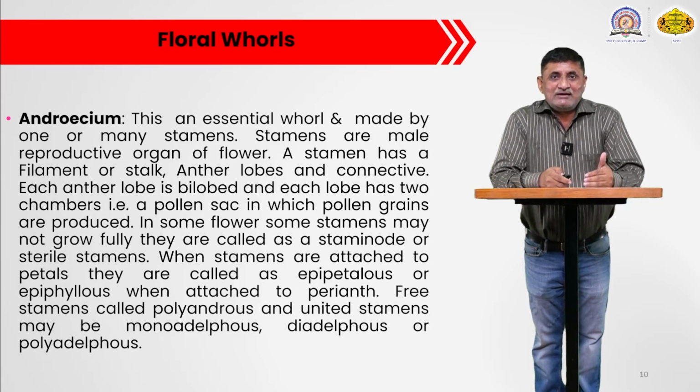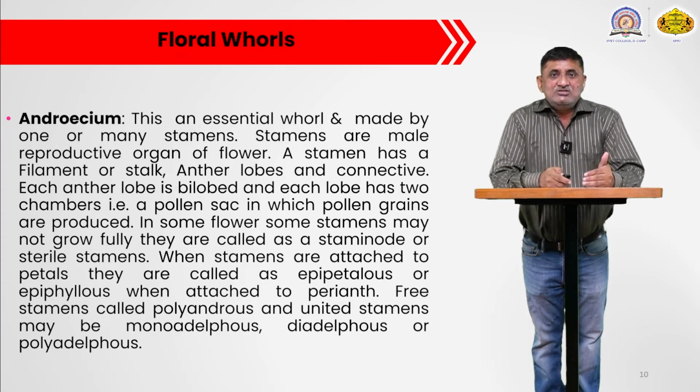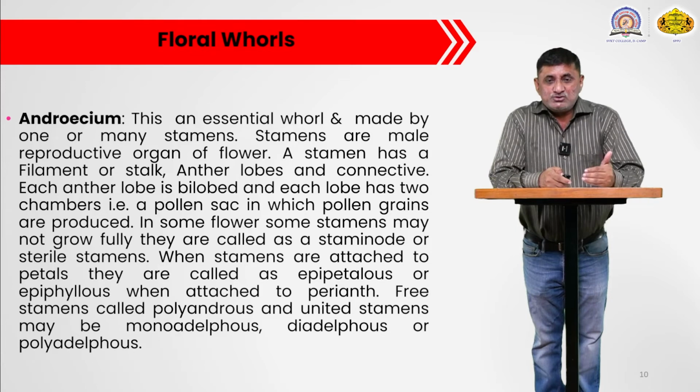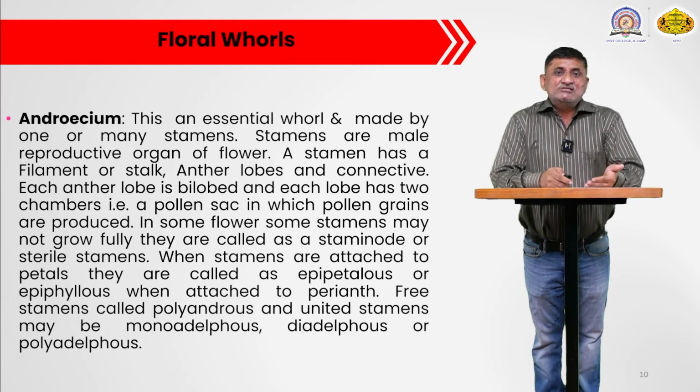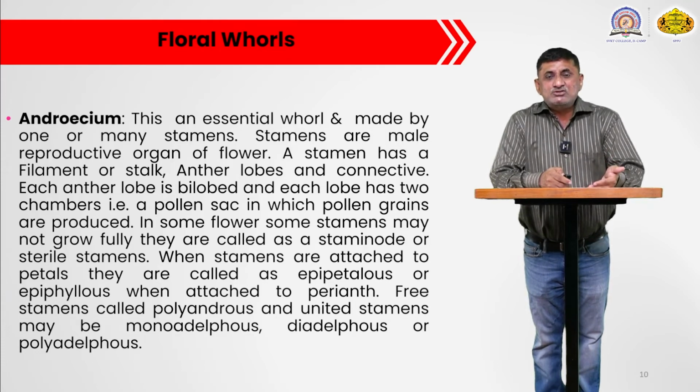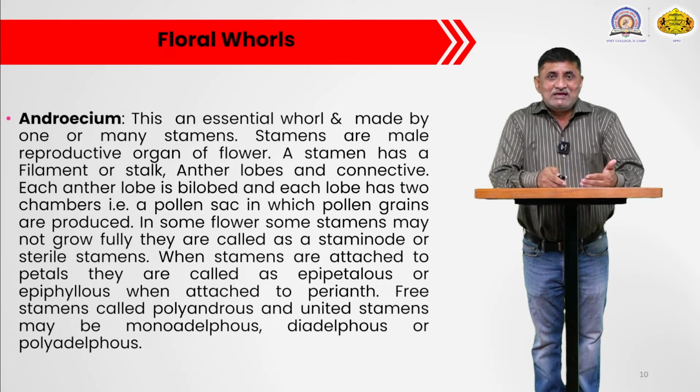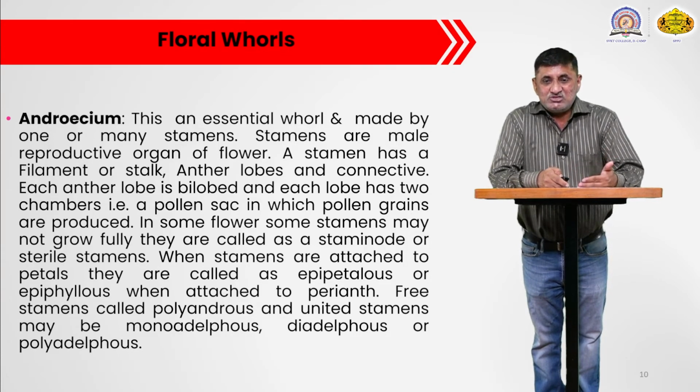Because this whorl takes part in reproduction. So the Androecium is the male reproductive structure, and it is made by the stamens. There may be a single stamen in the Androecium, or there may be a number of stamens. Again, the number of stamens varies from species to species.